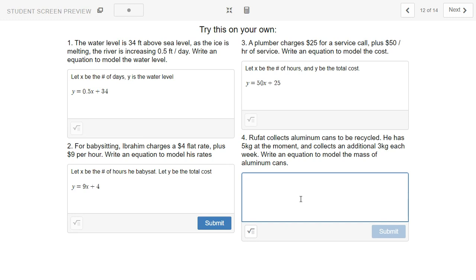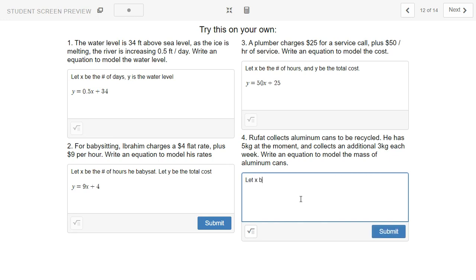Last, Rufat collects aluminum cans to be recycled. He has 5 kilograms at the moment and collects an additional 3 kilograms each week. Write an equation to model the mass of aluminum cans. Okay, we know he's starting out with 5 kilograms. We know that the rate at which it increases is 3 kilograms per week.